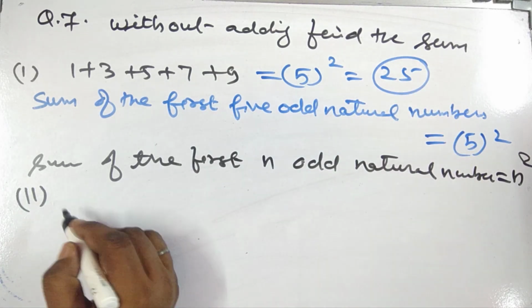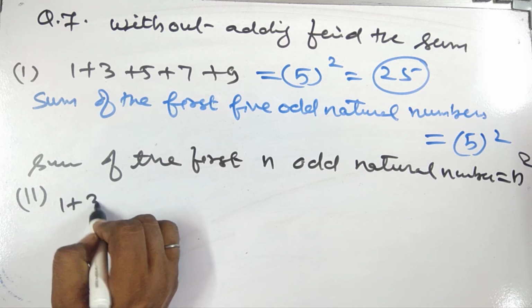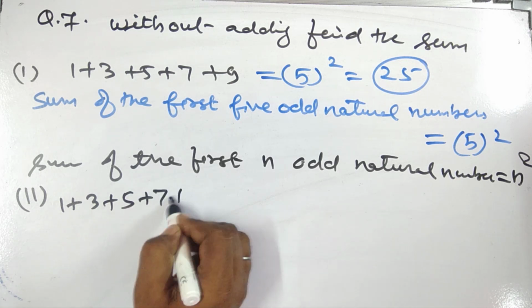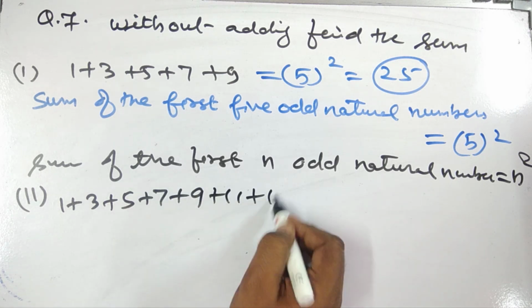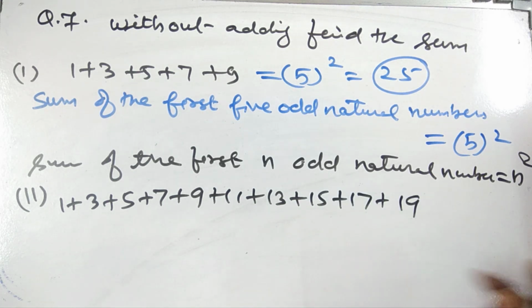Second one, students: 1 plus 3 plus 5 plus 7 plus 9 plus 11 plus 13 plus 15 plus 17 plus 19.